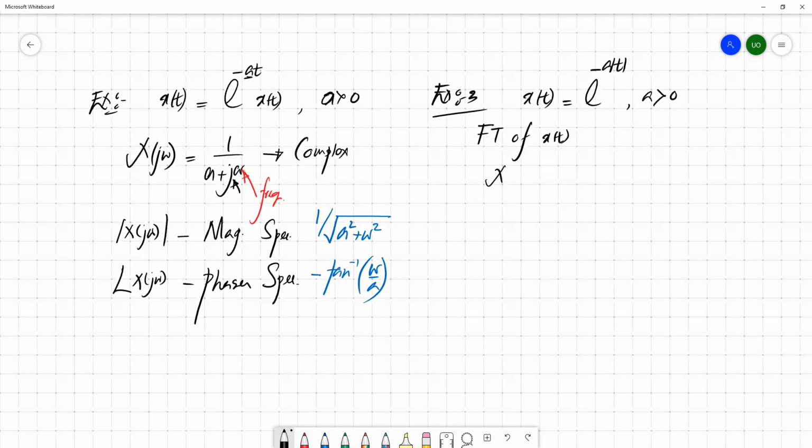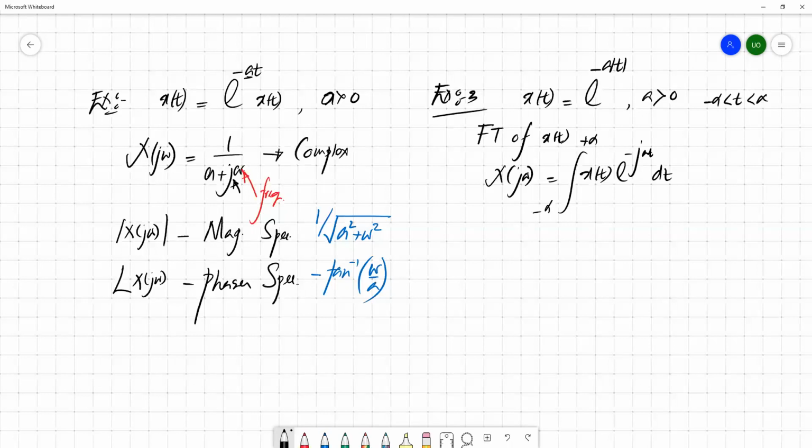You just put in the definition: the integral from minus infinity to plus infinity of x(t) e to the power minus j omega t dt. If we consider the range of t, t is from minus infinity to plus infinity.